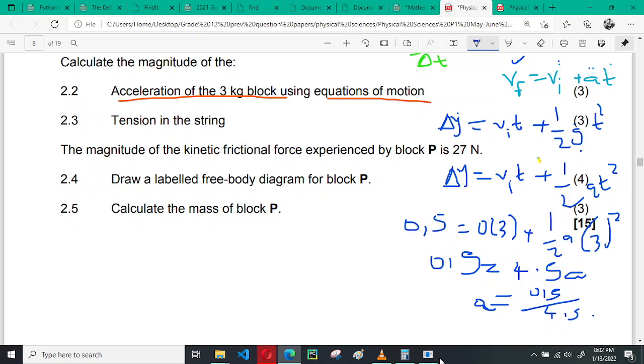If you check it on your calculator, you're just gonna say 0.5 divided by 4.5, and you get 0.111, which we'll cap at 0.11. So your acceleration is equal to 0.11 meters per second squared. So you're done with your acceleration.